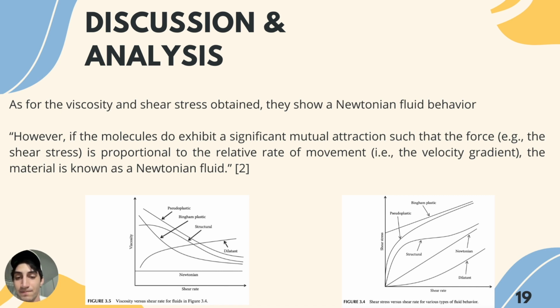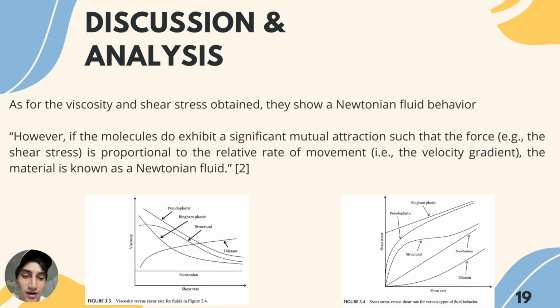We can see in the graph on the left, we have plotted viscosity versus shear rate, the same as we plotted in the results section. The Newtonian fluid is a straight line that has a slope of 0. This is the same result we obtained for every mixture of solvent, acetone and toluene, in every single concentration.